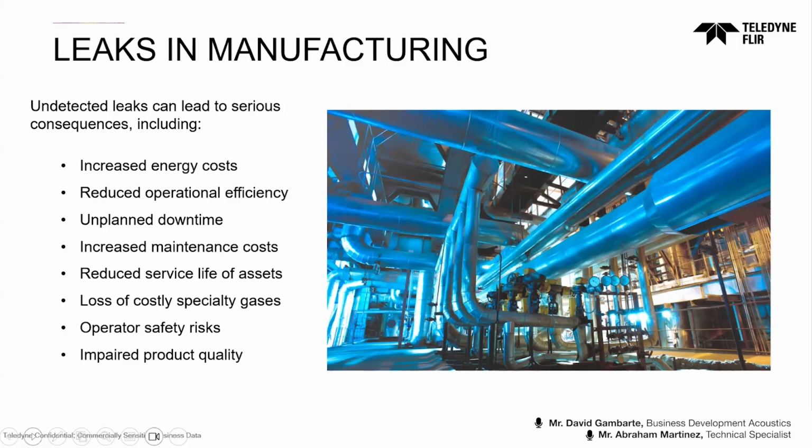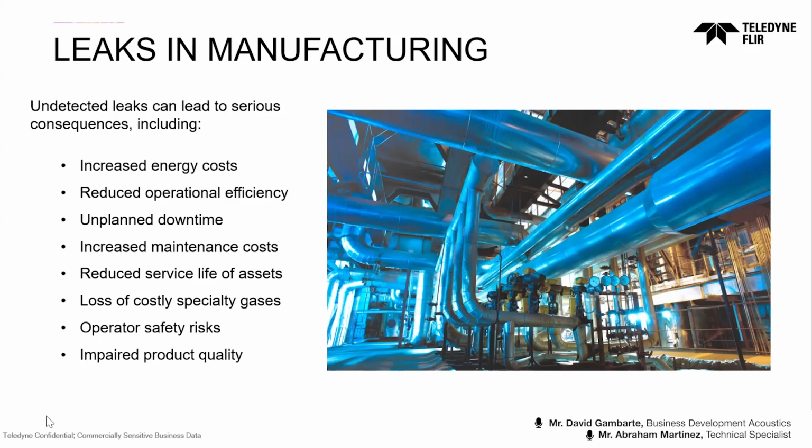So of course, we also talk about reduced operational efficiency and plant downtimes, and again the risk of loss of costly specialty gases. Gases are an expensive asset, and the risks, especially with gases, are big when we have unexpected leaks. And product quality, for example, let's take a very basic example with a compressor.